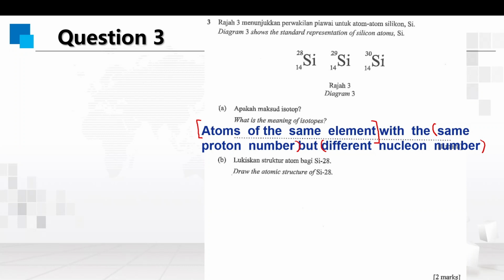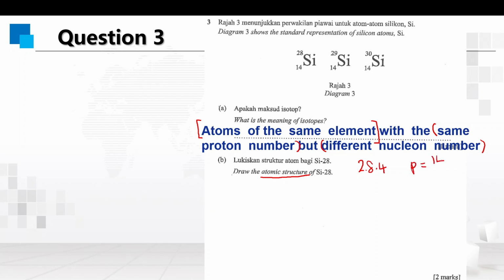B, draw the atomic structure of silicon-28. Atomic structure includes the electron arrangement and the number of protons and neutrons inside the nucleus. The electron arrangement for silicon, with 14 electrons, is 2, 8, 4, right? How many protons inside?